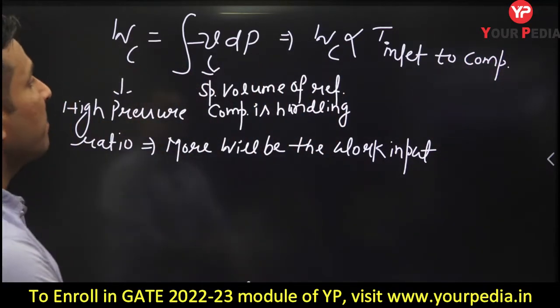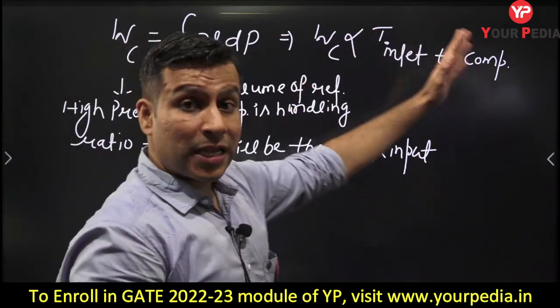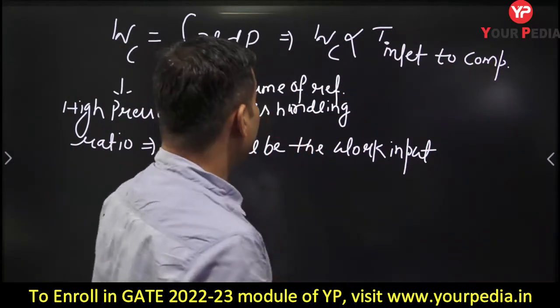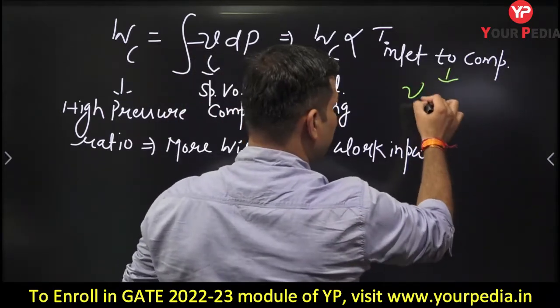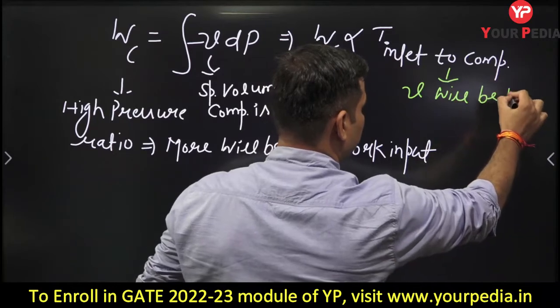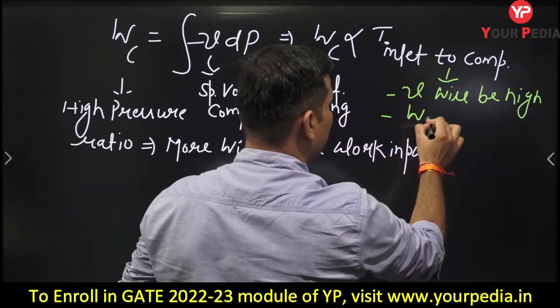If the gas entering the compressor is at high temperature, then what will happen? The specific volume of the gas will increase, V will be high, and work will be more, WC will be more.